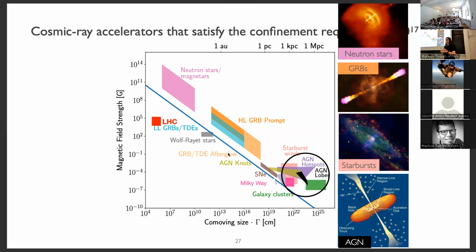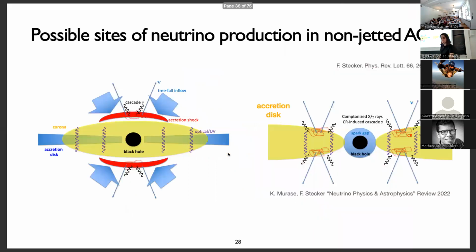So people already in the 90s said, well, why don't we consider the neutrino production in non-jetted AGN? So they don't have a jet. So it's not so clear where they produce the protons, but they are more numerous. So maybe their total contribution is important.